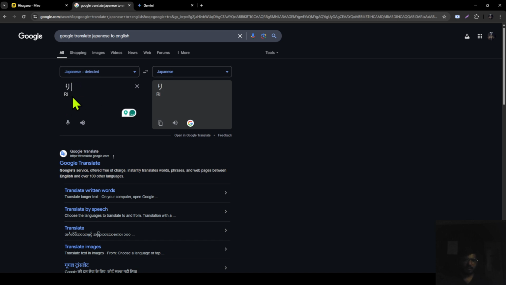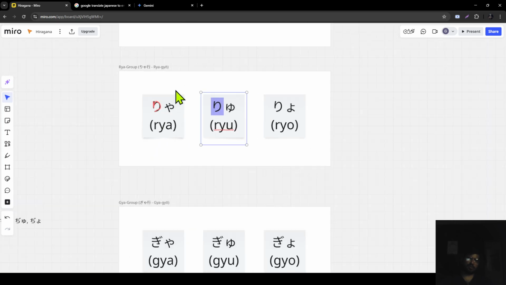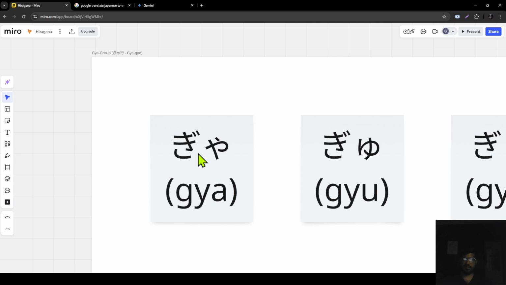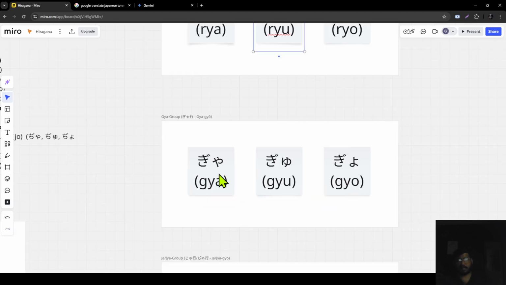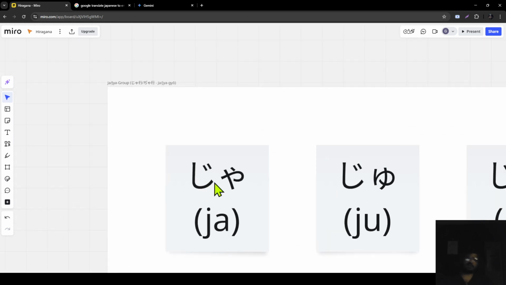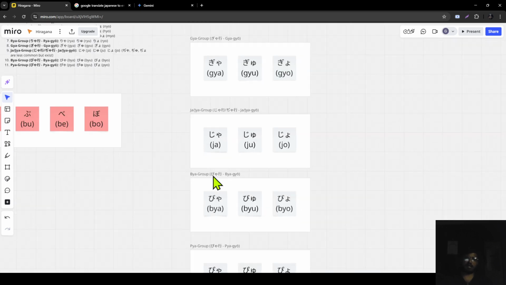It looks like ri, right? All the consonants which go with the vowel i are present over here. This is gi. Ki with a dakuten is gi. Same way, the shi with a dakuten becomes ji, and then with the ya, it's ja, ju, jo.